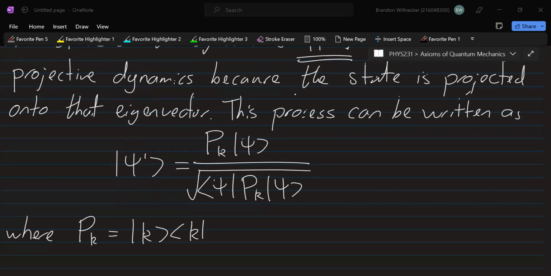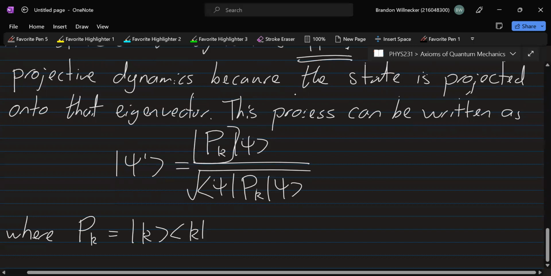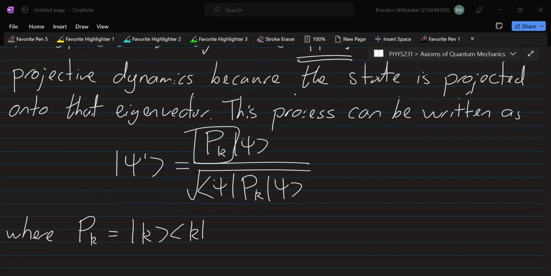If that's a bit confusing, take a look at the exercise, and if that doesn't help, please email me if you have any issues with this. So this is called the projective dynamics. We've got the state, and it gets projected with the projection operator onto the new state after the measurement.